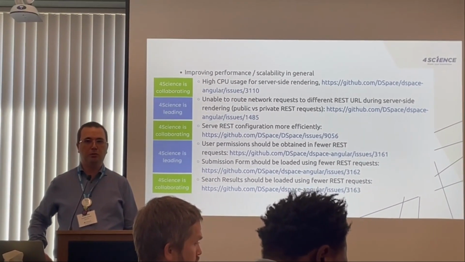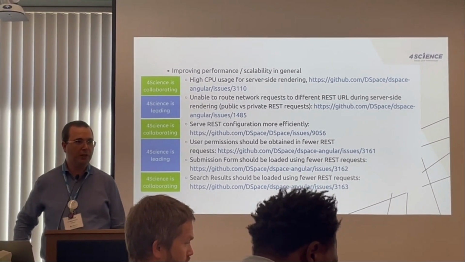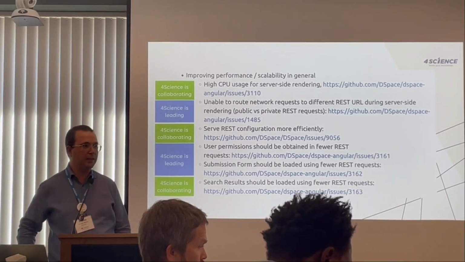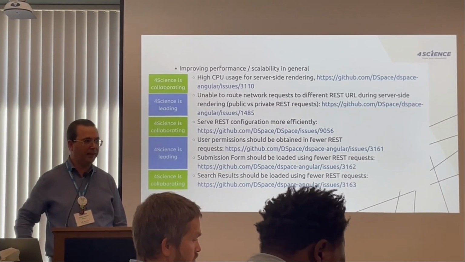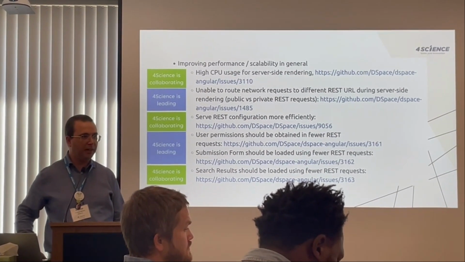You need to consider using a CDN. You need to consider using a web application firewall. You need to be much smarter in dealing with crawlers than just whitelisting individual IP addresses, because we know that crawlers are becoming smarter and smarter.